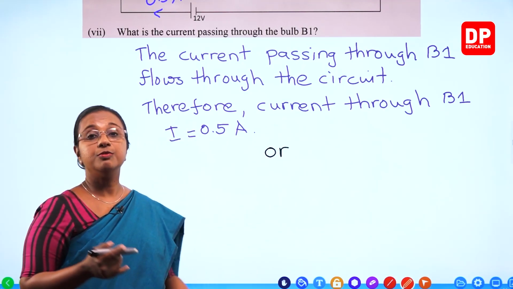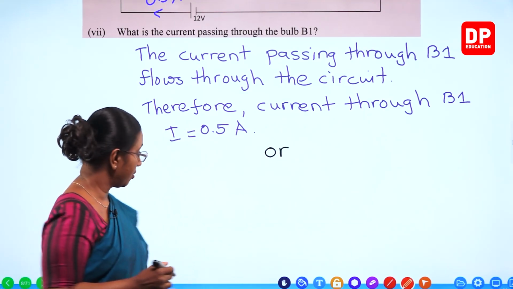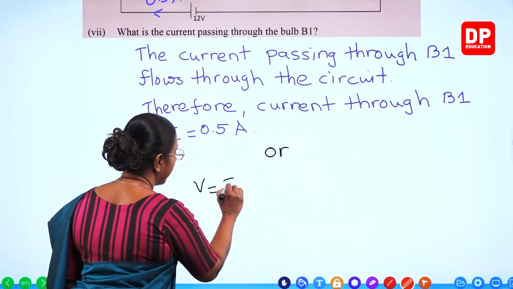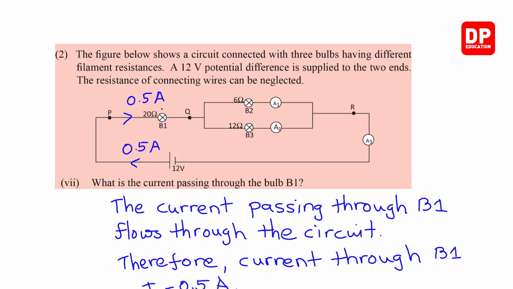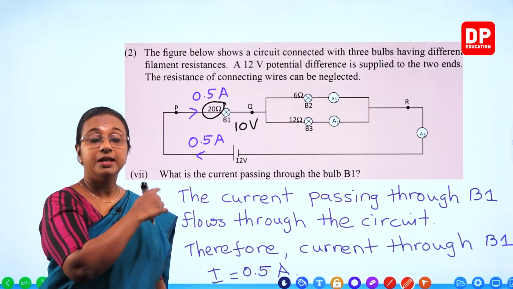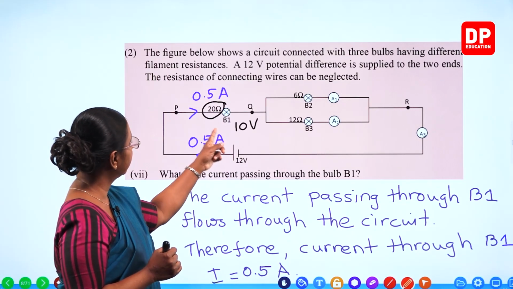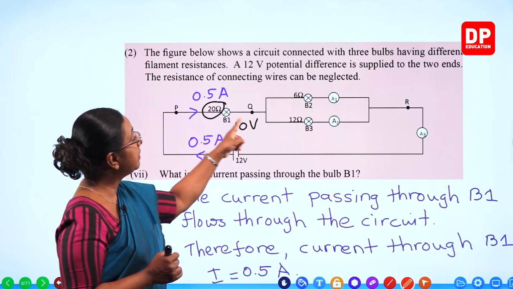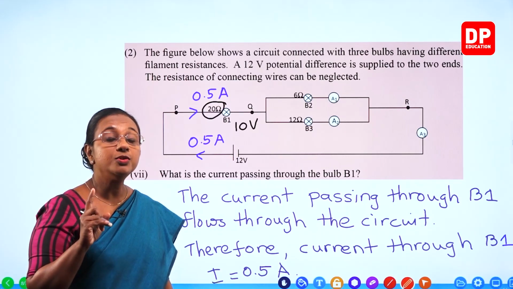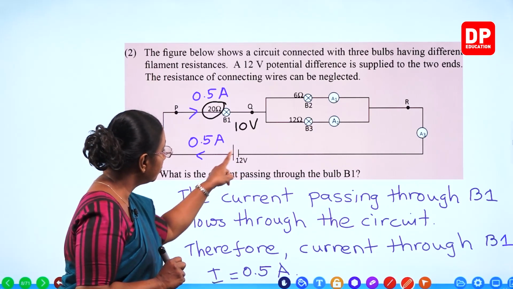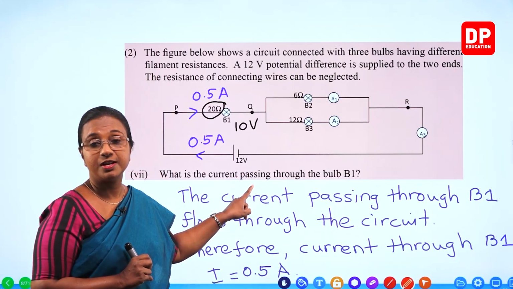The second method, you can use the equation for Ohm's law. V equals IR. But there, you know the resistance 20 ohm, and we have calculated the potential difference 10 volts. If you remember, in one of the previous parts, we calculated the potential difference between P and Q. That is 10 volts. So you have to use those two values only. You don't use the total potential difference 12 volts.